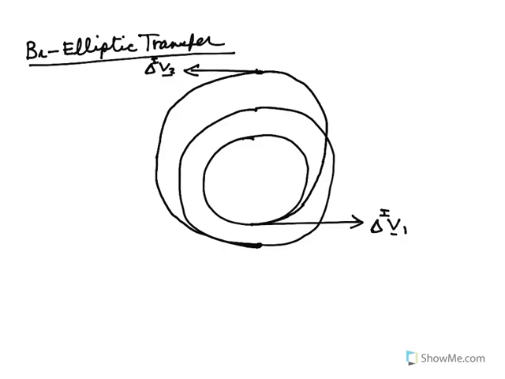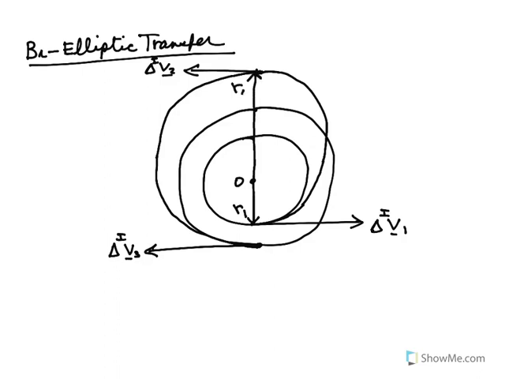And then you apply a third delta V, and that third delta V is actually a retrograde delta V. I'll explain all these impulses as we go, and it puts you into the final orbit. So the first delta V is applied at the first orbit, a distance r1 away from the focus.